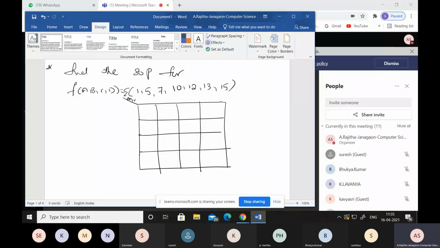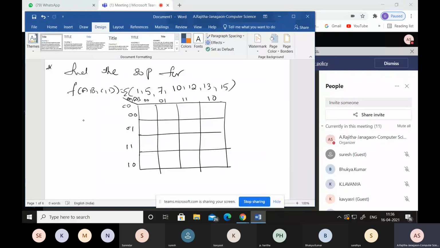Here, the A, B variables are on the column side and the C, D variables on the row side. Here 0, 0, 0, 1, 1, 1, 1, 0, and similarly 0, 0, 0, 1, 1, 1, 1, 0. When you draw this, the numbering of the min terms should be identified automatically. Here 0, 0 and 0, 0 means this is 0, this is 1, this is 2, this is 3.